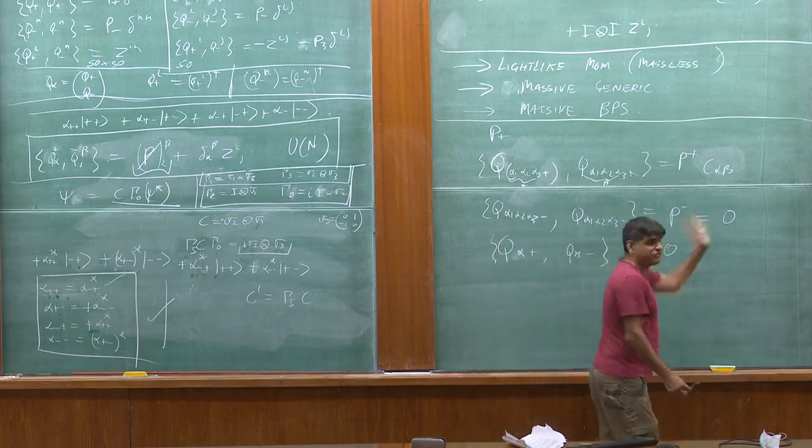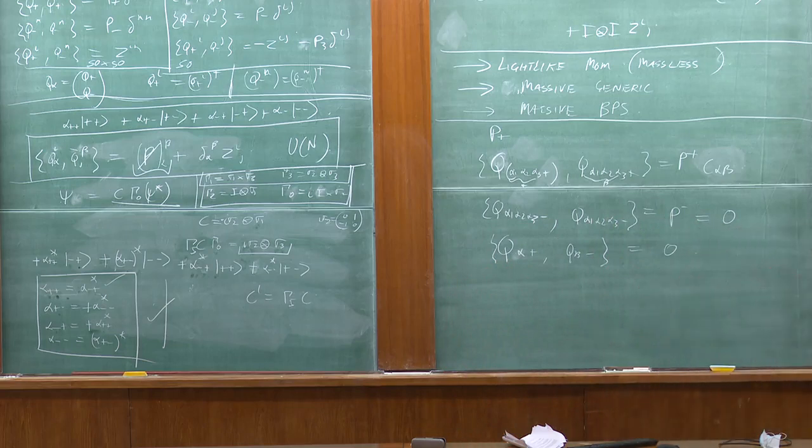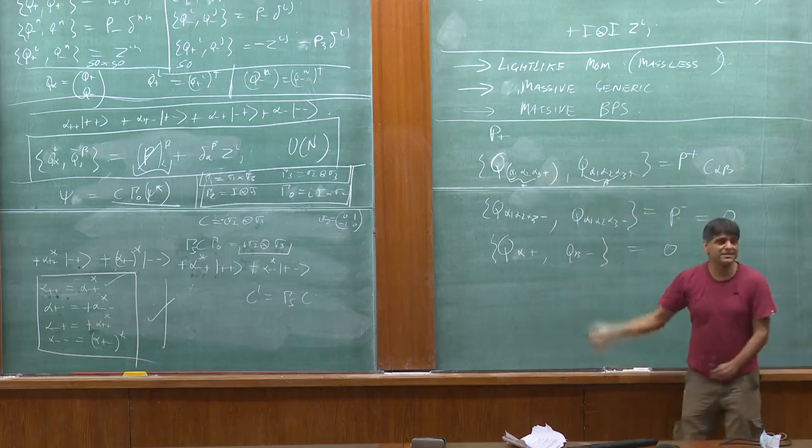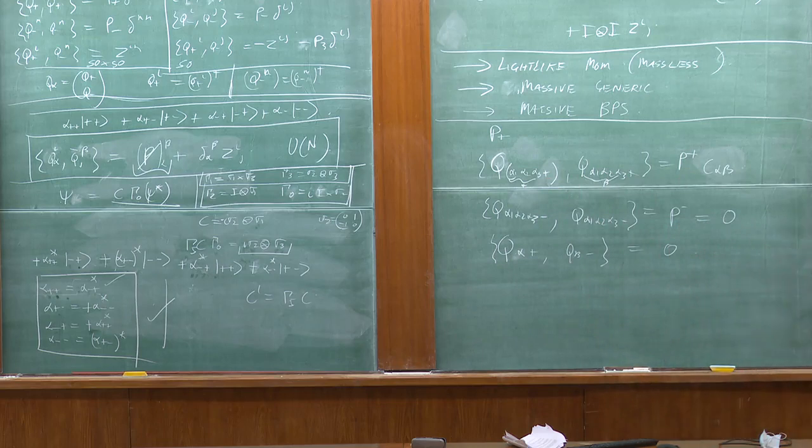We've assumed there's no central charge. So the only thing that could appear on the right hand side is momentum. But we have only one momentum. And that momentum carries charge 1 under rotations under this 2 plane. So the only way you could get something non-zero is if you have 2 pluses. Because the only thing on the right hand side is something of charge 1. So the only possible guy that could give you something non-zero is these 2 pluses.